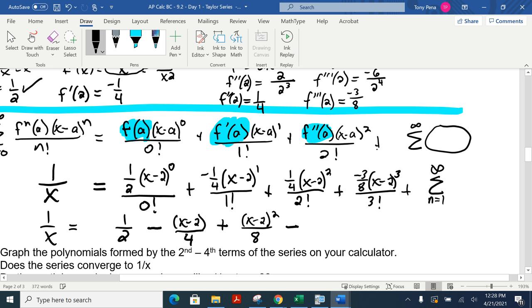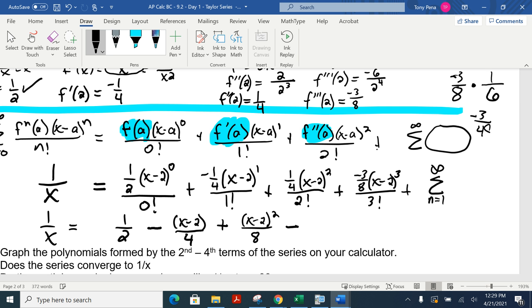Let me do this over here just because I'm running out of room. We need to do 3/8. So negative 3/8. And I'm going to divide that by 3 factorial. So that's really the same as dividing by 3 times 2 times 1. So that's really a 6. So when I do 3/8 divided by 6, that should give me what?